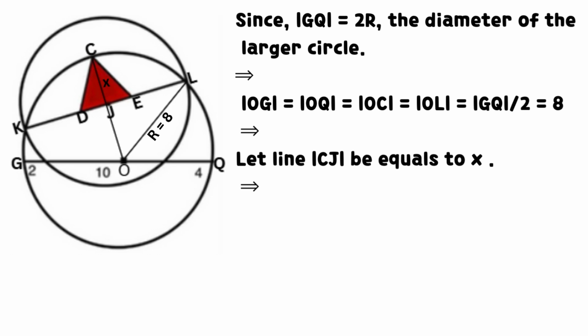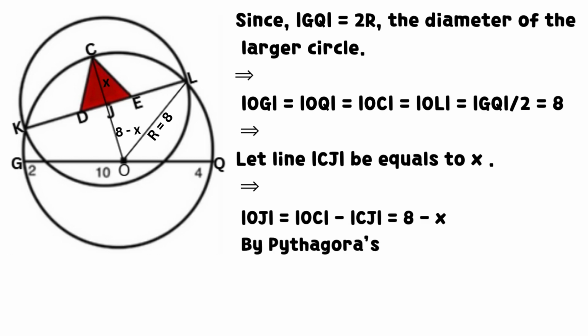Since O is the center of the larger circle, OC and OL equal 8 units. It signifies that line OJ equals line OC minus line CJ, which equals 8 minus X.